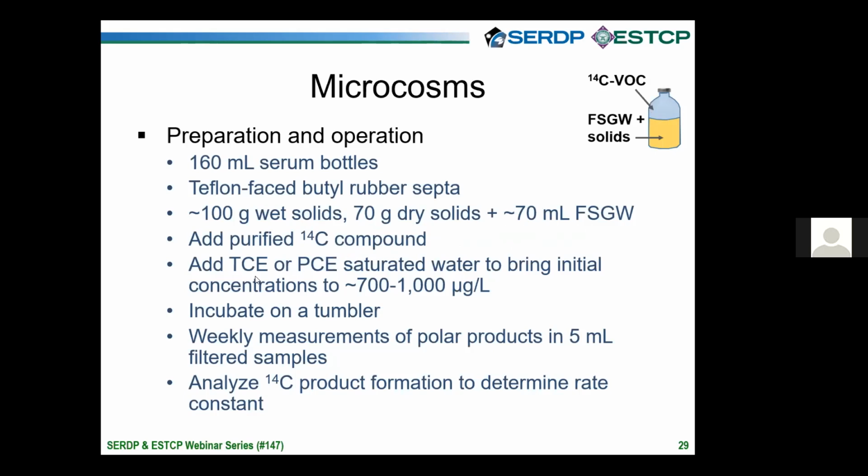And then we also add some unlabeled TCE and PCE to get the initial concentration in the vicinity of what's applicable to a lot of these sites where there's persistent contamination, below about 1 milligram per liter. And then we incubate the bottles on a tumbler and remove them to make weekly measurements of the polar products that form in 5 ml samples that we filter, to take away any possibility of measuring adsorbed material. And then we analyze how fast the products form to determine the abiotic degradation rate constant.